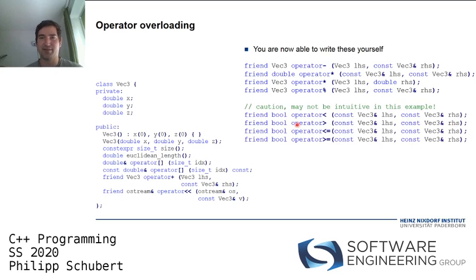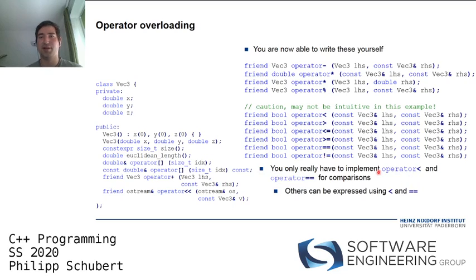And also you can overload all the comparison operators here, which is quite handy oftentimes. And please also observe for the comparison operators here, and also equals and not equals, you only really need to implement operator smaller than and operator equals.